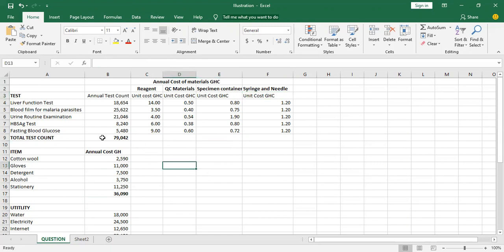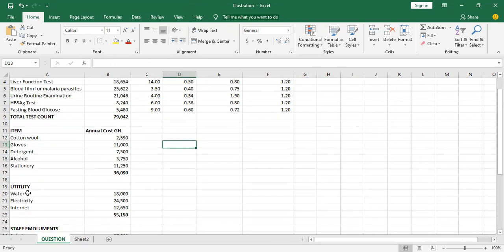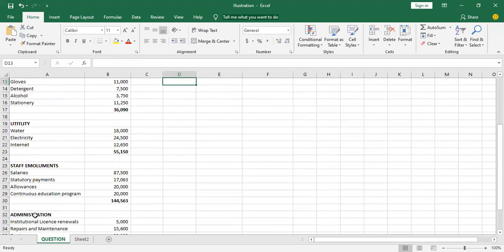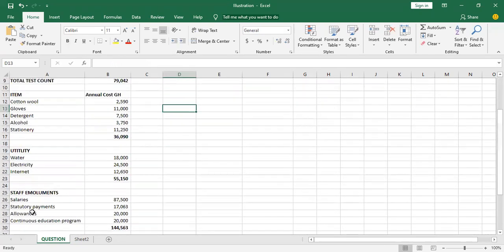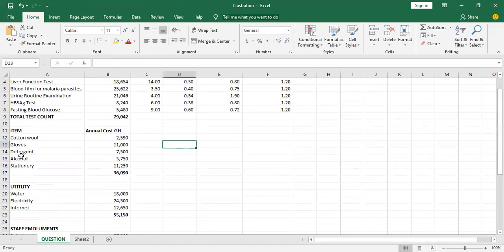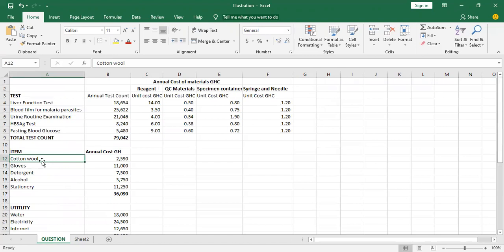Now, the indirect costs include the following: the consumables, utility, staff emolument, administration. These are the indirect costs. They are indirect costs because it is not easy to tell how much or what quantity of cotton wool was consumed by running an LFT or a liver function test or blood film for malaria parasites or any of the tests.